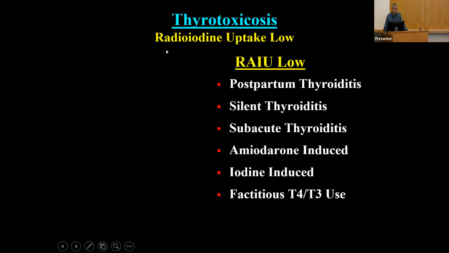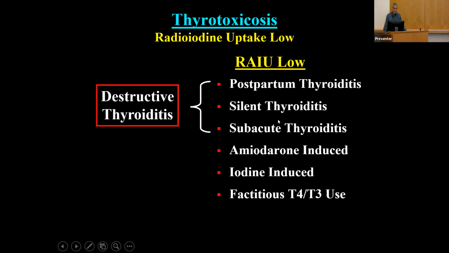Okay. So now we're talking about these disorders that were on the right side of that slide I showed you a while ago. When the radioactive iodine uptake is low, we have one of these three types of thyroiditis: postpartum, silent, which is identical, it just occurs in somebody that's not been pregnant recently, or subacute thyroiditis, which is painful and has a high SED rate.